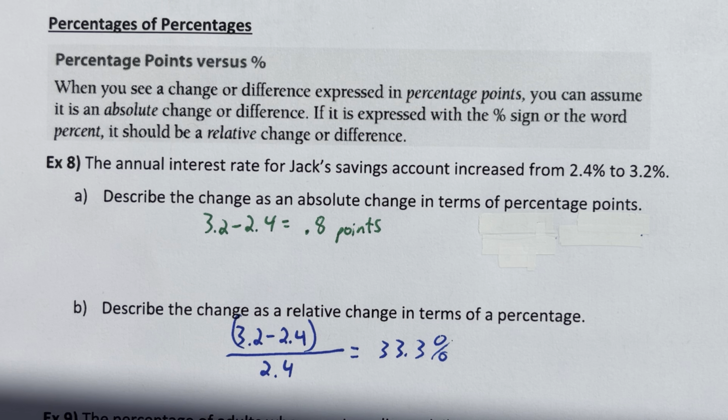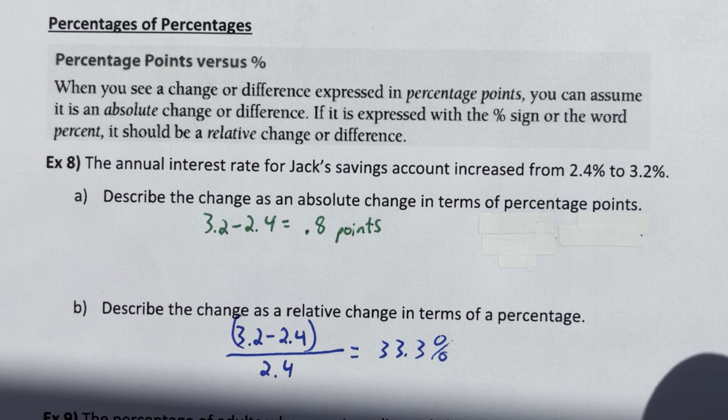All right, we can do the same thing with percentage points. So Jack has a savings account. They're at 2.4%, and they increase it to 3.2%. So if I want the absolute change, we take 3.2 minus 2.4, and that is a 0.8 percentage point increase.